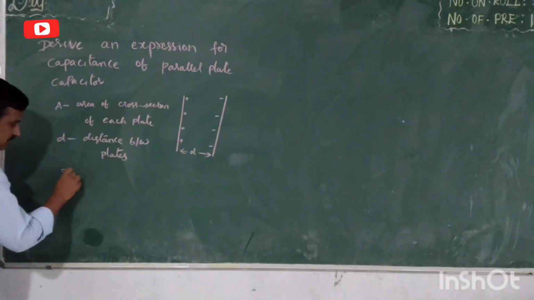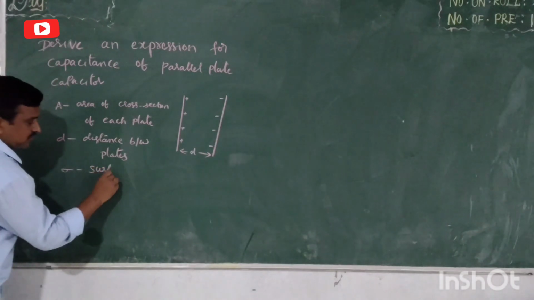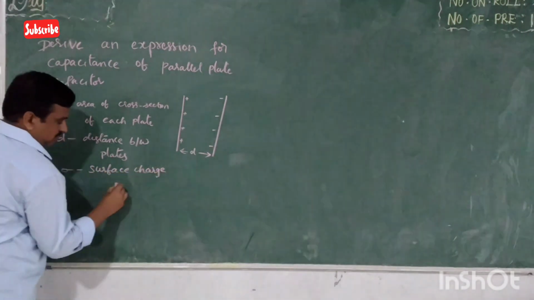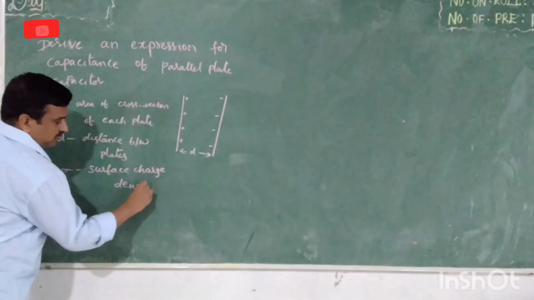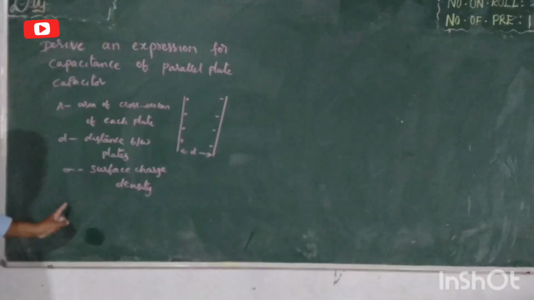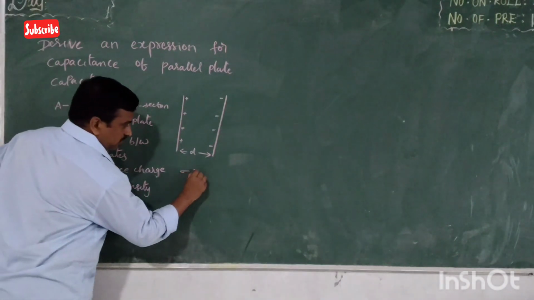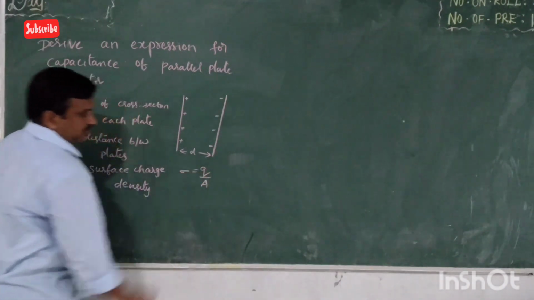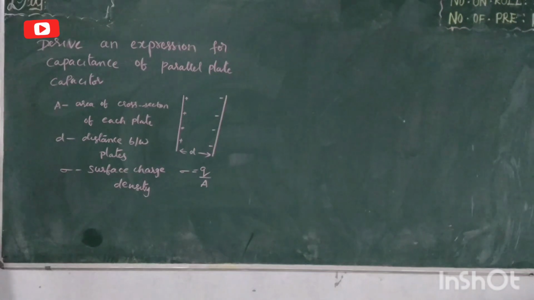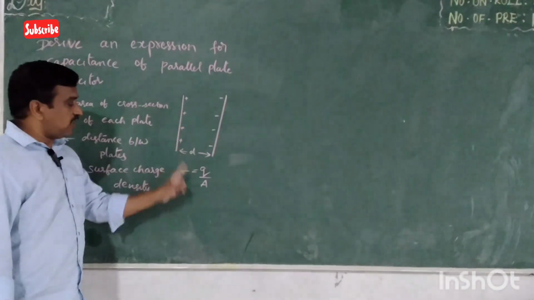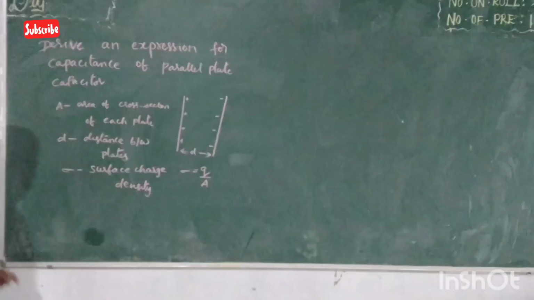Here sigma represents surface charge density. Sigma means charge per unit area, how much charge is present in the plate in unit area, that we call surface charge density.